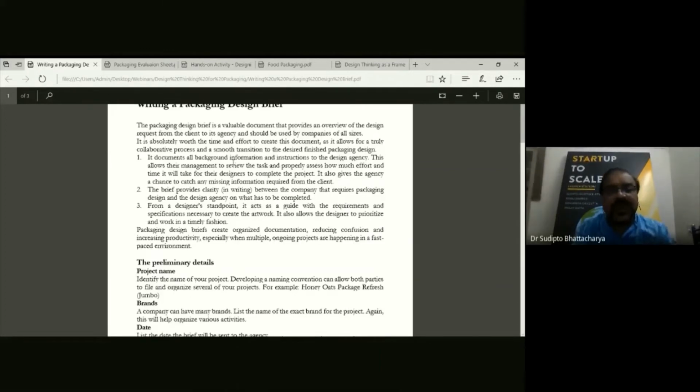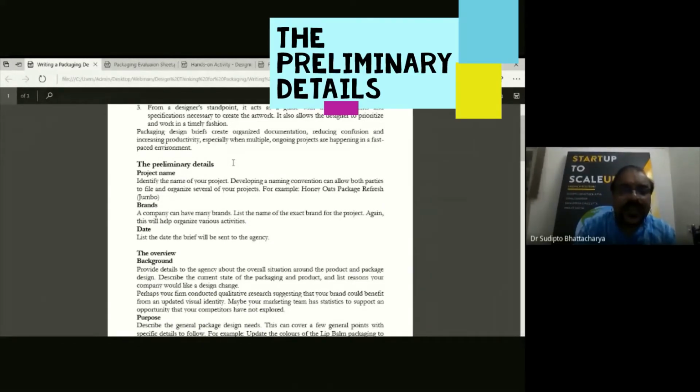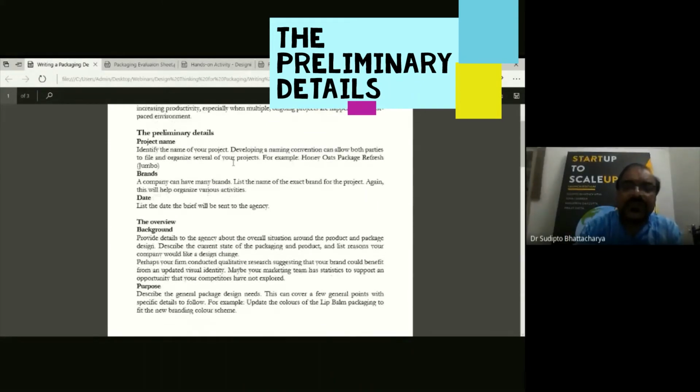So here you will find that the preliminary details are captured with the project name, where you talk about identifying the name of your project and developing a naming convention which allows both parties to file and organize several of your projects.